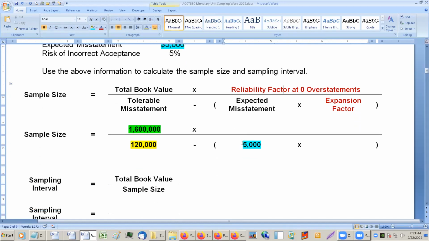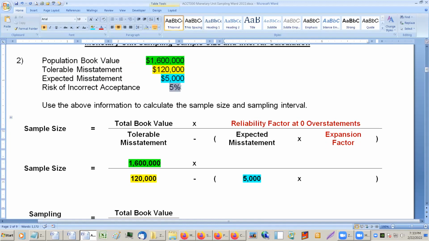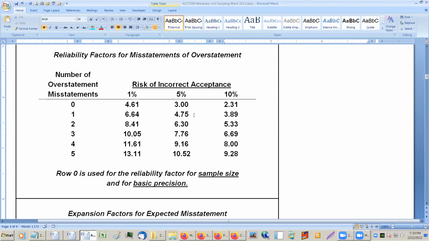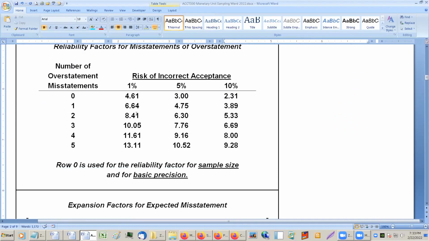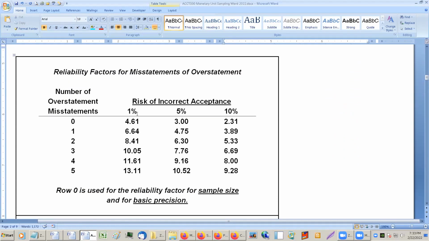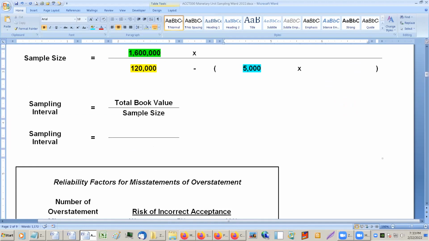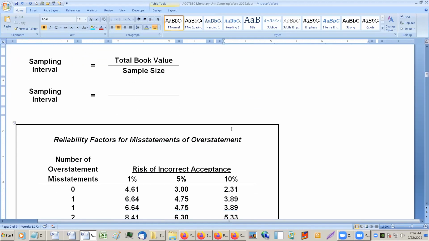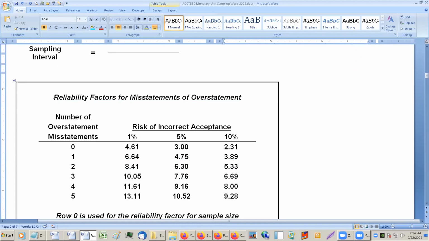At 5%, we had to pick those 2 factors, and they're at the bottom of the page in this weird looking thing here. So we're going to have the reliability factor at 0 overstatements. So come down here, reliability factors.